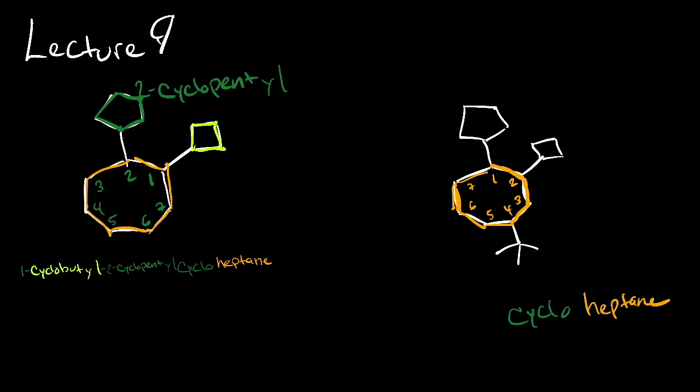So once we've got those numbered, then we proceed just like we did in the last step. Now this, of course, you remember, is a cyclobutyl. And then this is a cyclopentyl. And then this little thing down here, it's an interesting shape.